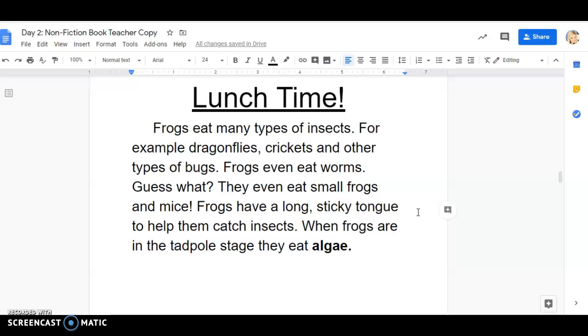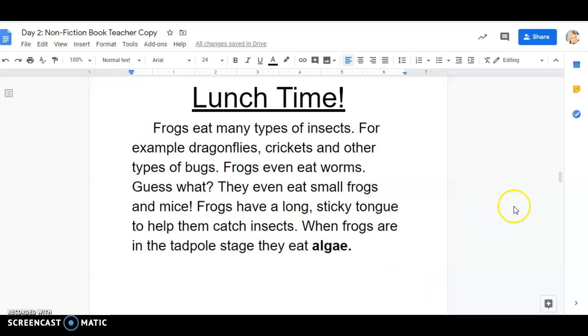Guess what? They even eat small frogs and mice. Frogs have a long, sticky tongue to help them catch insects. Okay, that tells me how they catch the insects to eat. When frogs are in the tadpole stage, they eat algae. That also tells me what the baby frogs do, because sometimes the babies and adults can eat different things.